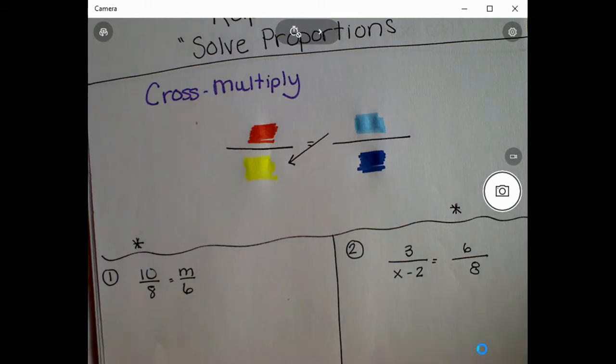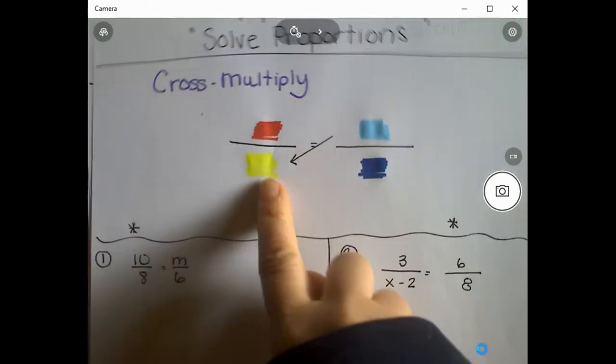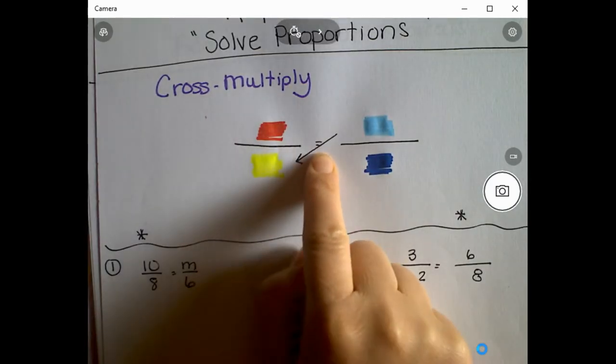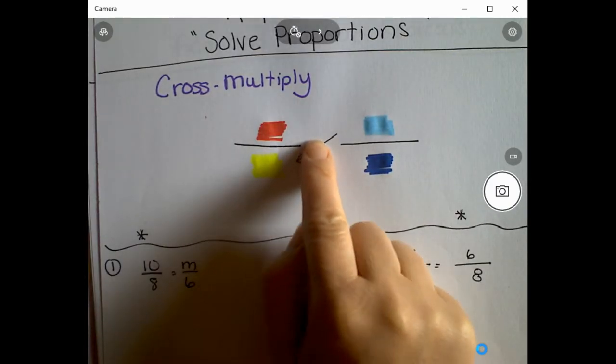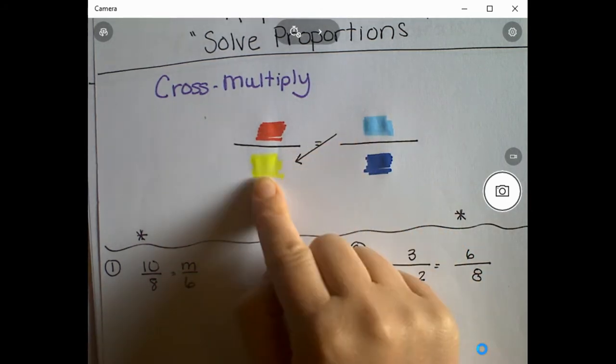Okay, so I drew that arrow because we are going to multiply across the equal sign. This only works when there's an equal sign. If this is a multiplication dot, it's not going to work. So this is what you do when you cross multiply.